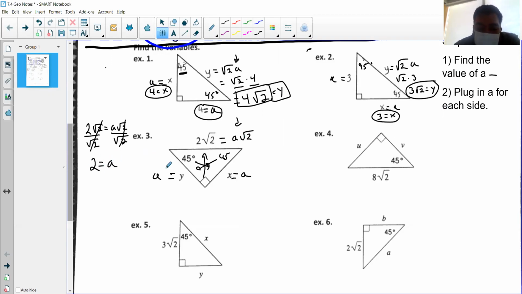Since we did that, now we can plug it in for the formula. So A equals Y here. Since A equals 2, I could just plug that in. So 2 equals Y. And since A equals 2, I can plug that in. X equals 2. So straightforward, Y equals 2, X equals 2. Nice and easy in that one.